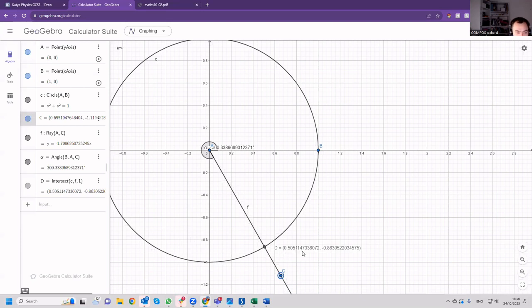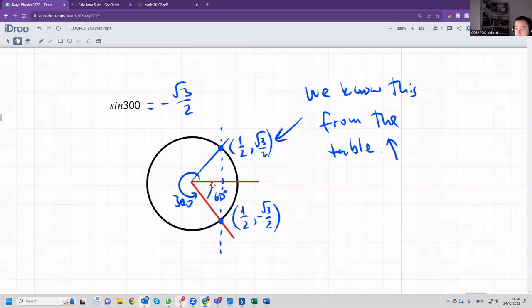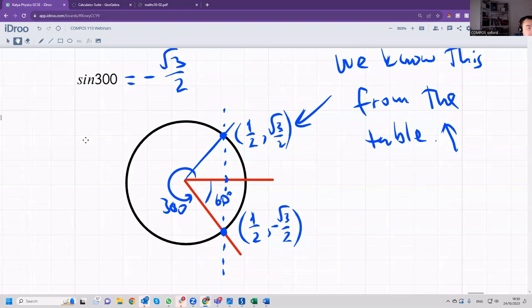The coordinate is going to be the same as for 60 degrees because we're using symmetry here. We know the coordinates of this point for 60 degrees, and this is 300 degrees. These points are symmetrical.